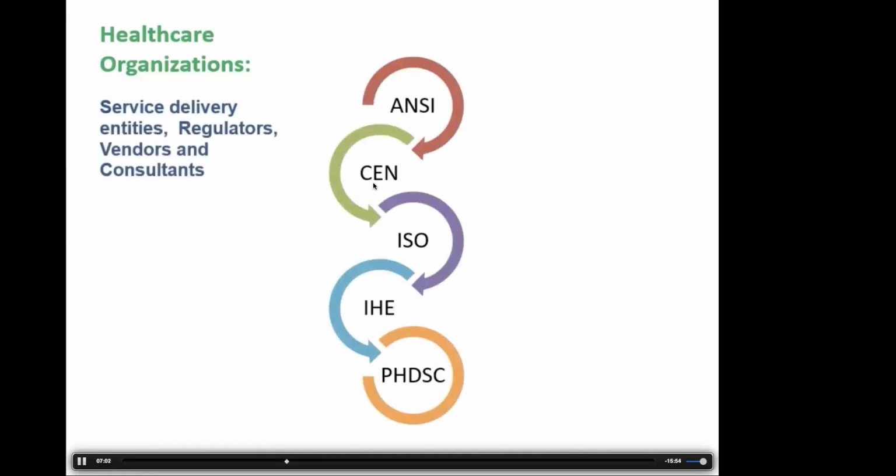Standards offer health IT developers, EHR vendors, and healthcare organizations the means to ensure health IT systems and devices can exchange data successfully. Standards have been created by a variety of healthcare organizations, including service delivery entities, regulators, vendors, and consultants. The following are standard developing organizations.